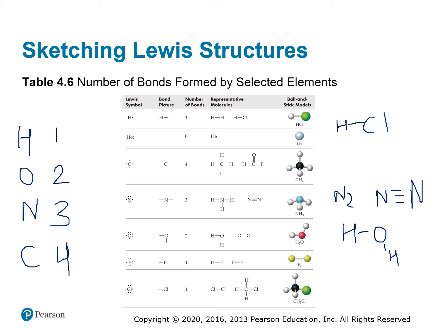And carbon, as I said, forms 4 bonds, and that can be seen in methane, CH4. Carbon is the central atom, and you have 1, 2, 3, 4, so there are 4 hydrogens at the terminal ends.